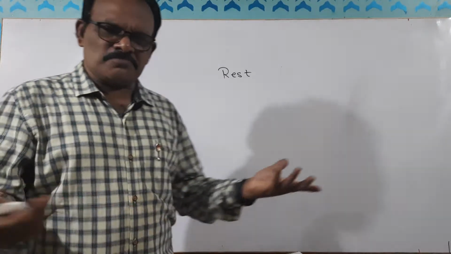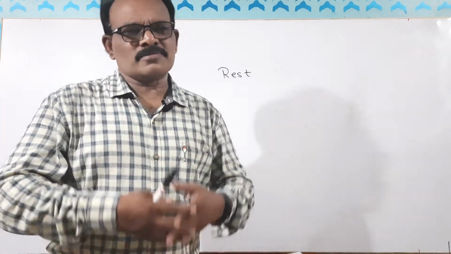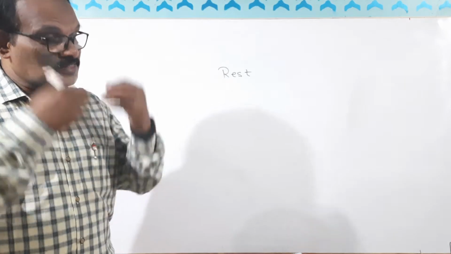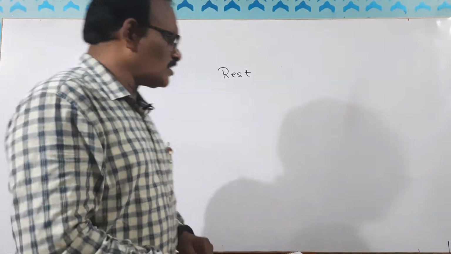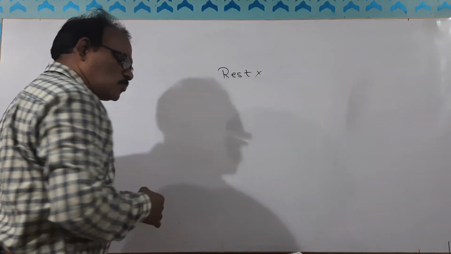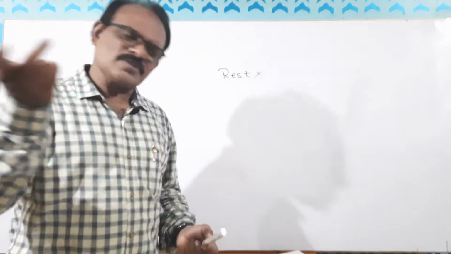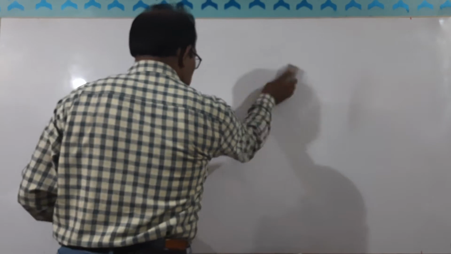So that means the whole planet is moving. That means everything on this earth is also sharing motion along with the earth. Then why read about rest? That means there is no such thing as rest in nature, because everything is moving. But in science, it's a secret.